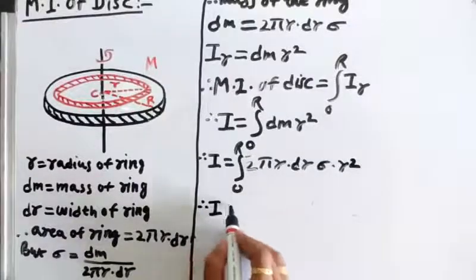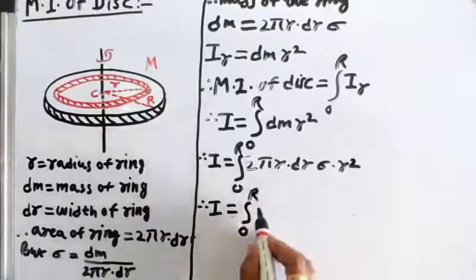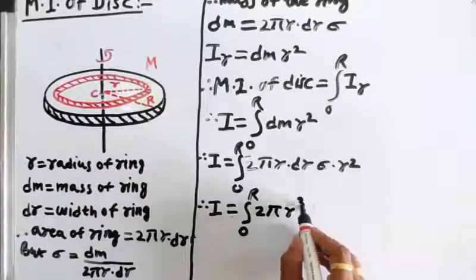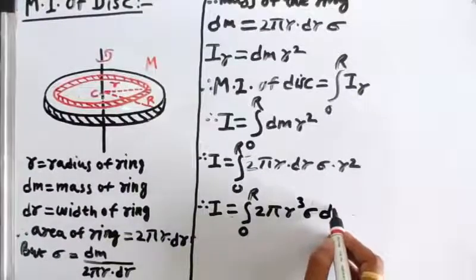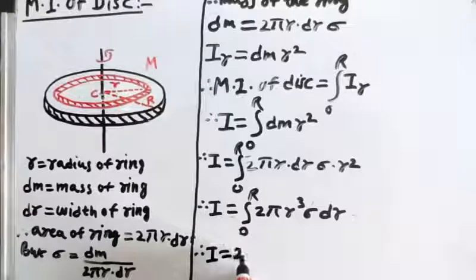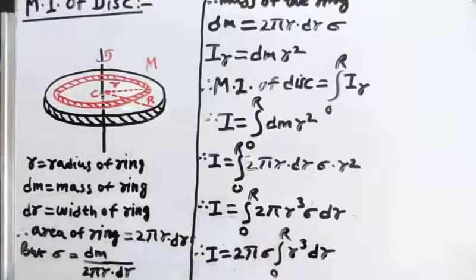Therefore I is equal to integration 0 to R, 2 pi sigma, and r into r square becomes r cube, dr. As 2 pi and sigma are constant, therefore we can write I is equal to 2 pi sigma integration 0 to R of r cube dr.